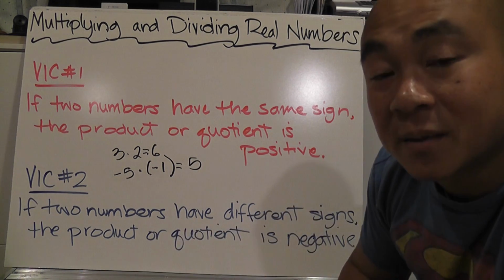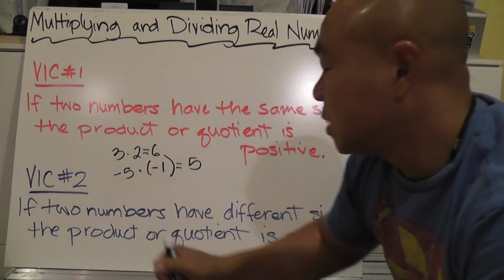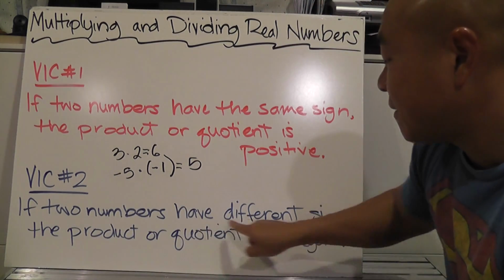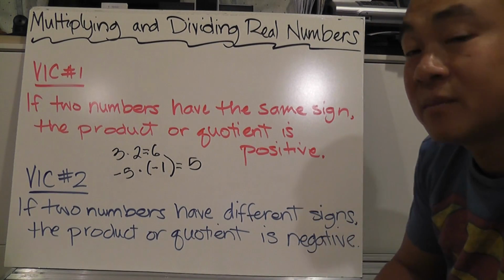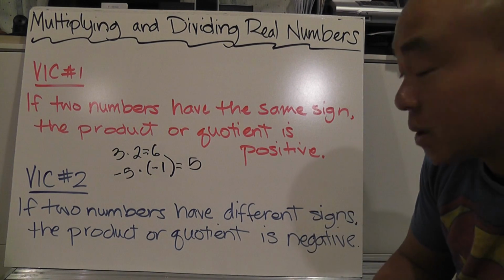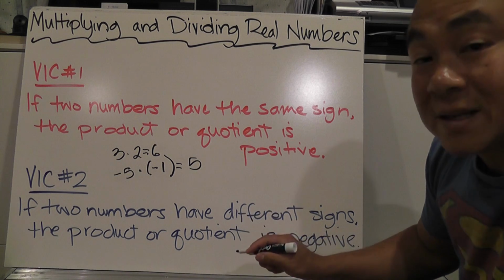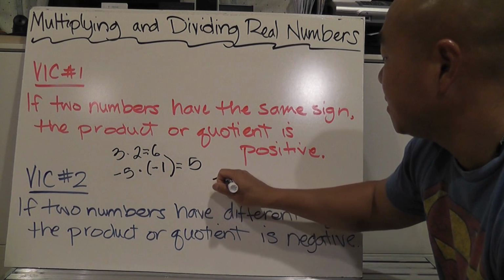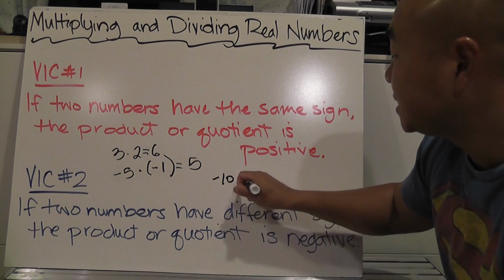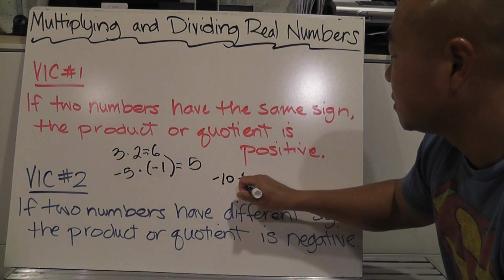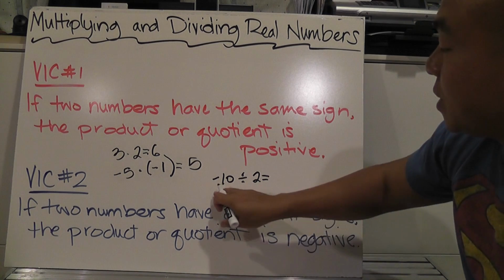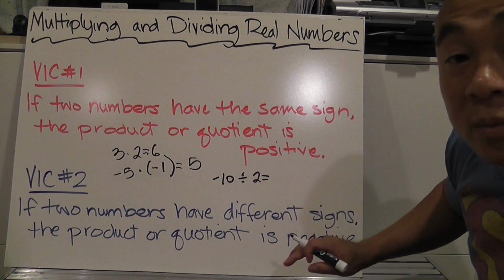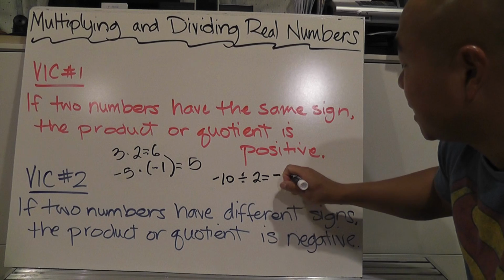Our second concept: if two numbers have different signs, the product or quotient is negative. Let's go ahead and use a quotient in this one. If I take negative 10 and I divide that by positive 2, because they are different, your answer will be a negative answer, negative 5.